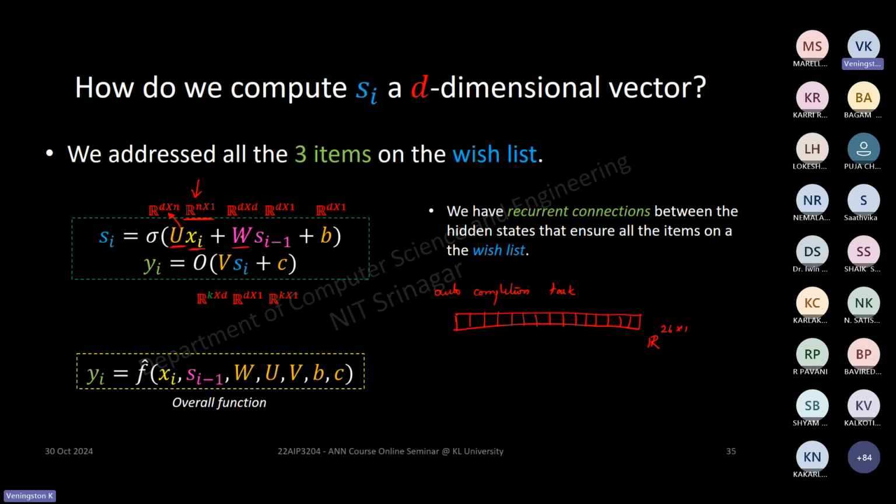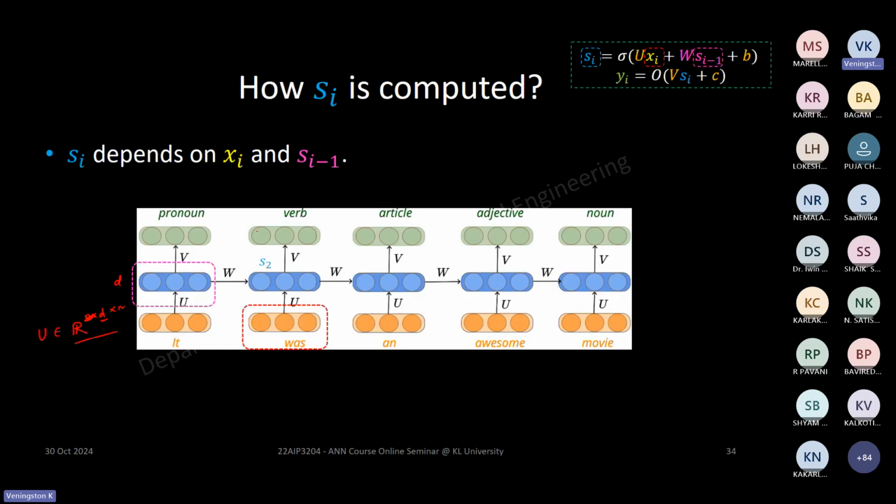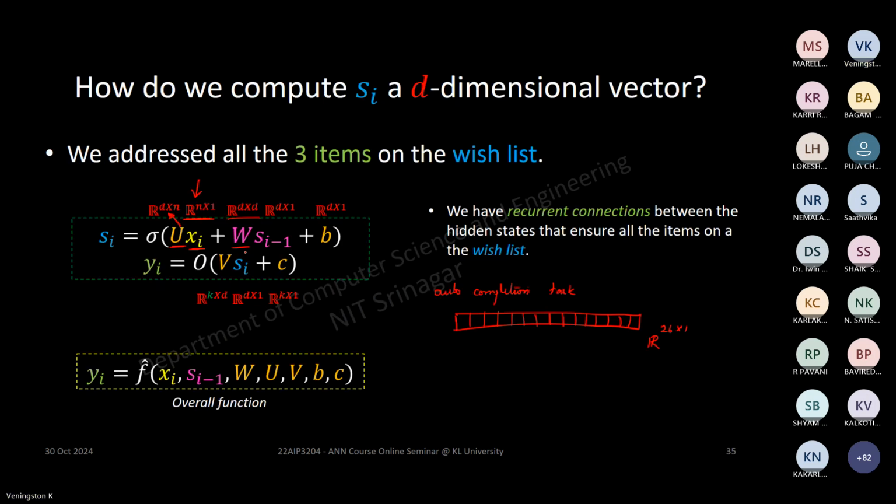And then similarly the size of W can be computed. Because W is between two hidden layers, and we use the same number of hidden units for both the time steps, this architecture doesn't differ from time step to time step. So the size of W is going to be, we have D units in the hidden layer and again D units in the hidden layer, so the W dimension is going to be R^(D cross D).